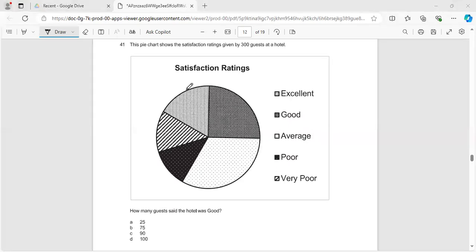Alright, so it says the pie chart shows the satisfaction ratings by 300 guests. So notice this is 300 guests, so that's the number of people that are there, right? And they give you all of these: excellent, good, average, poor, very poor. And they ask how many guests said the hotel was good. Now this section is the good section.